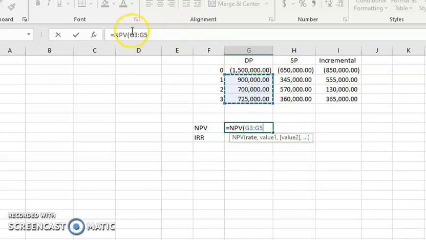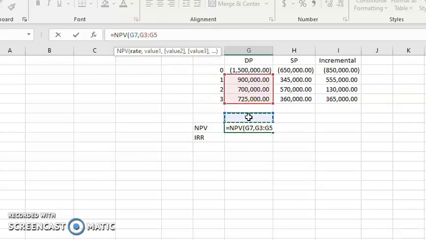I left out the rate, so let's do this: comma, and then I'll put my rate up here, and I'll enter that in a second. And close paren. And then I add the initial cost.